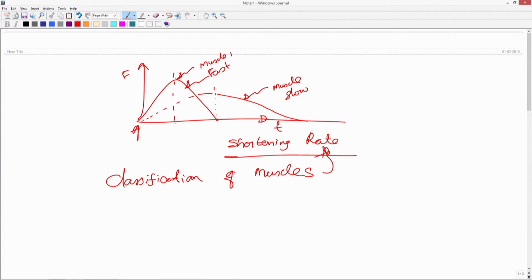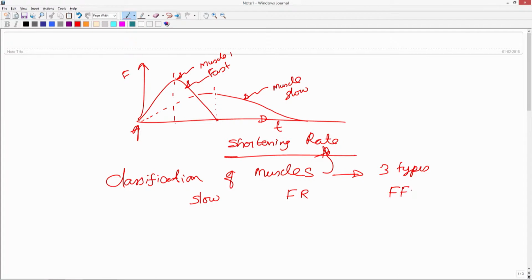Okay. So, there are slow muscles, that is one type. Most of the literature classifies the muscles into 3 types: slow muscle, and then there is another muscle called fast resistive, F for fast resistive.